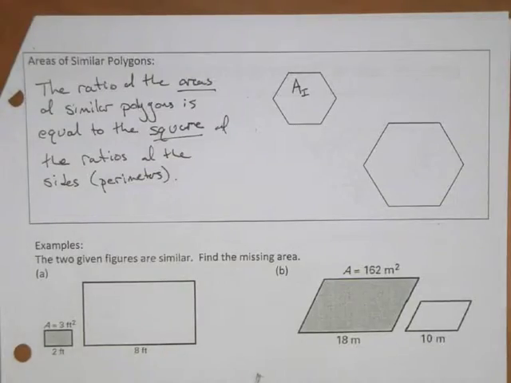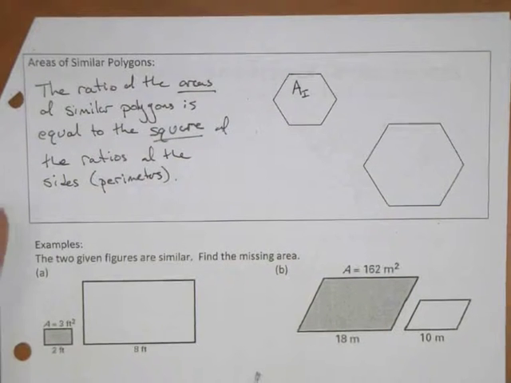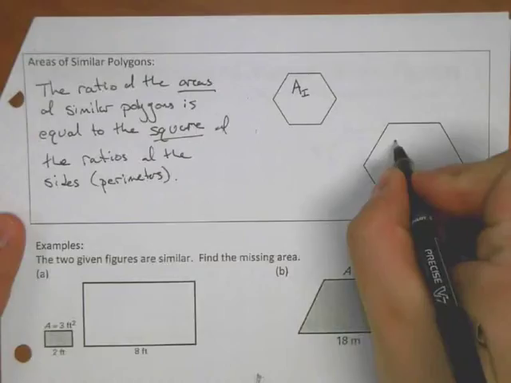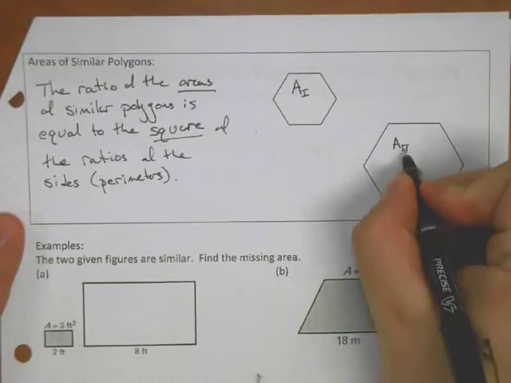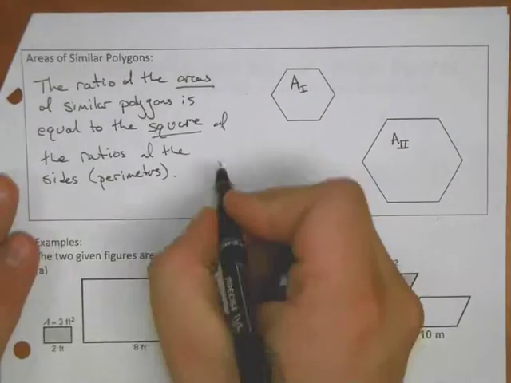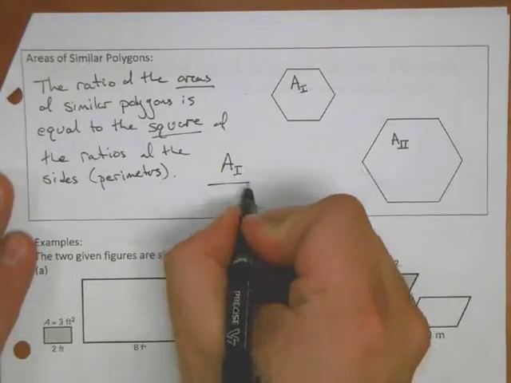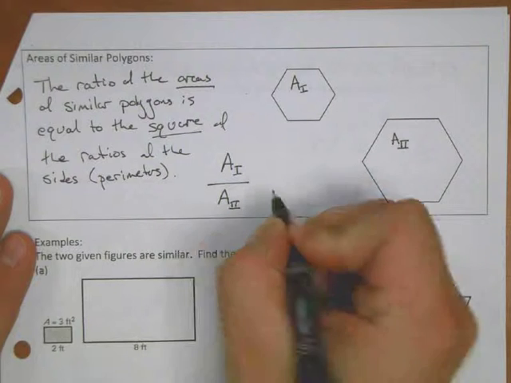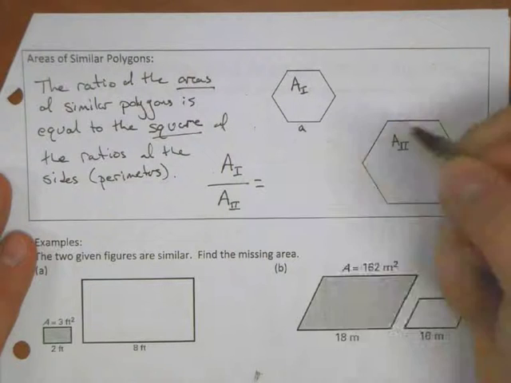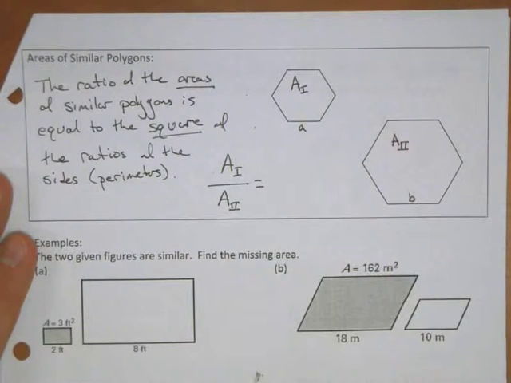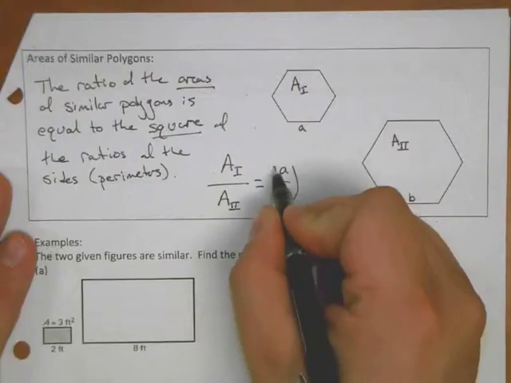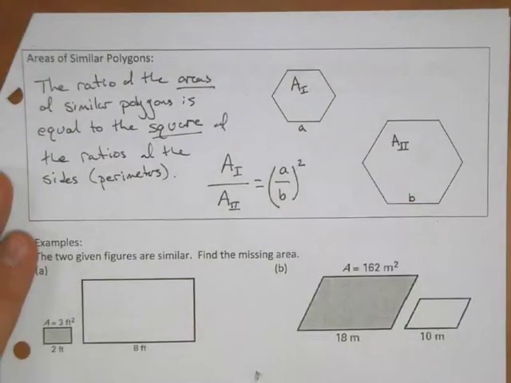A formula that we could write down from this theorem, the area of similar polygons, could be: the area of this first figure compared to the area of the second figure. This ratio should be equal to, if I have a side length and another side length, squared.